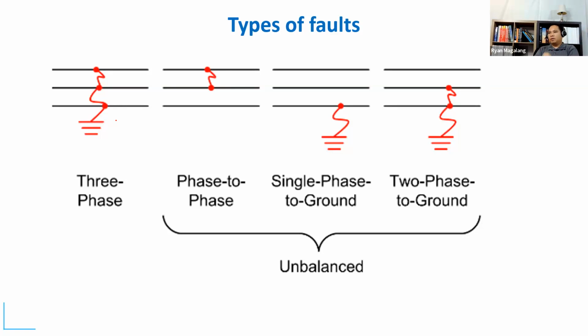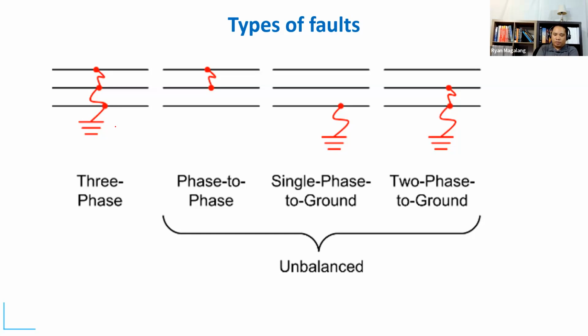So that means they would sum up to zero. So there is no fault current flowing to the ground. So a three-phase fault and a three-phase to ground fault is essentially the same.